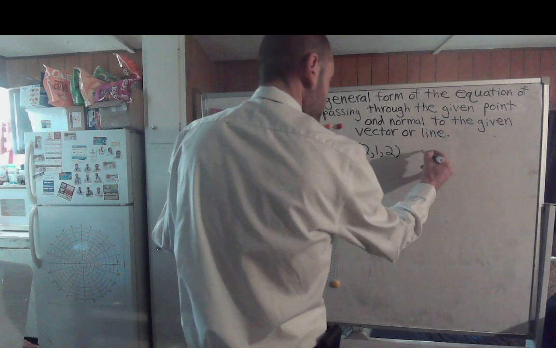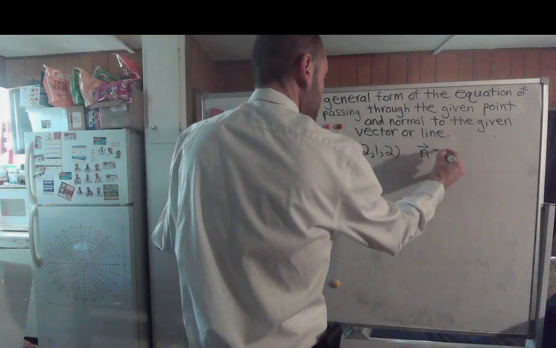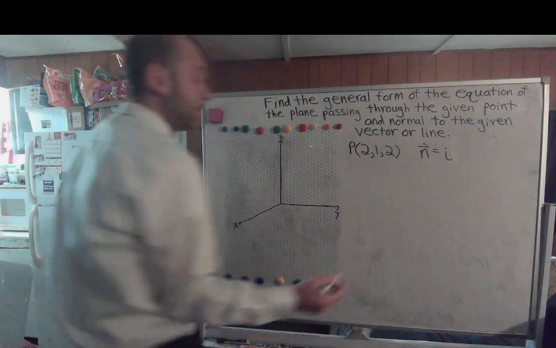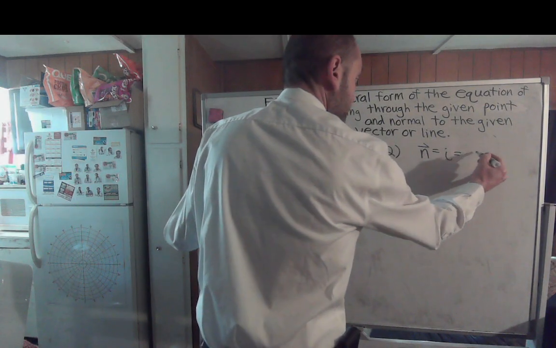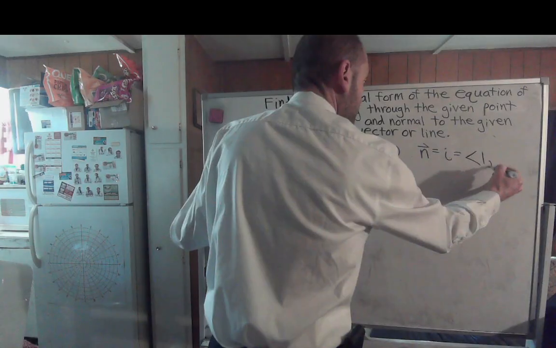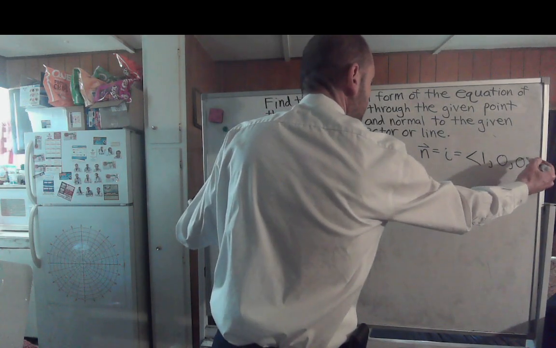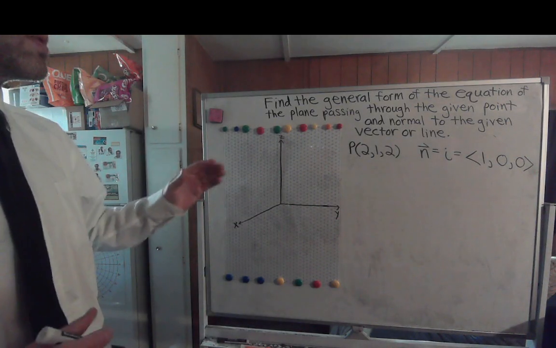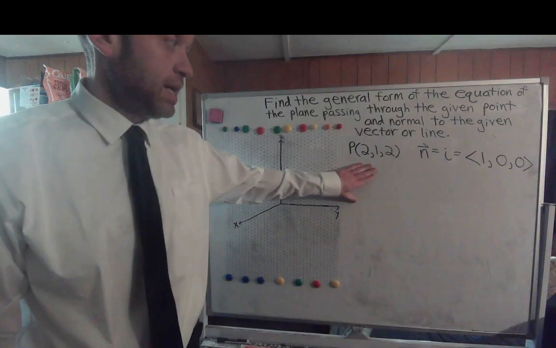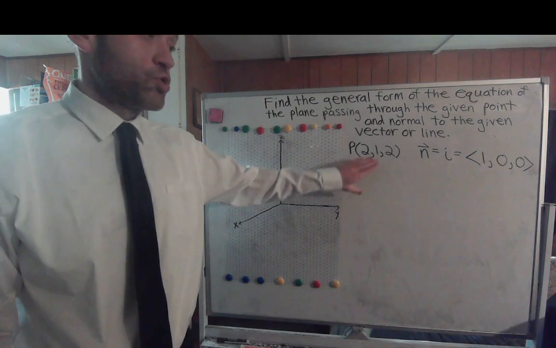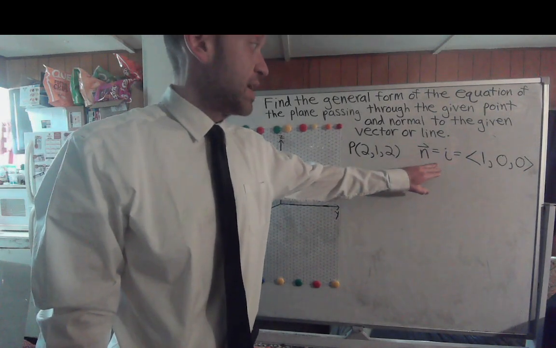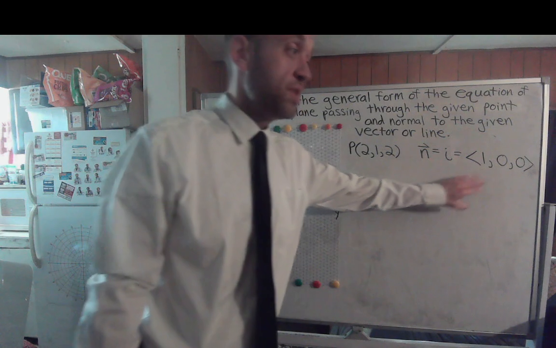The normal vector we're considering is simply i, which we know in component form i equals 1, 0, 0. So we're going to find the equation of the plane passing through point P, which has the ordered triple 2, 1, 2, and normal to the given vector, which is 1, 0, 0.